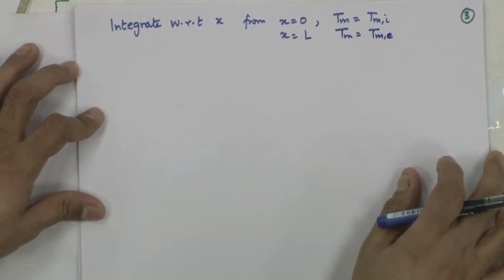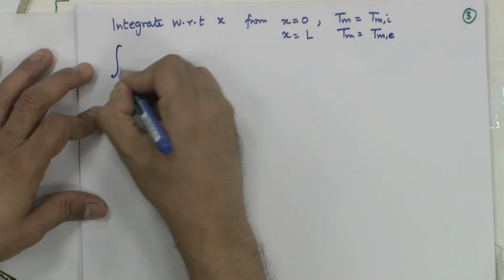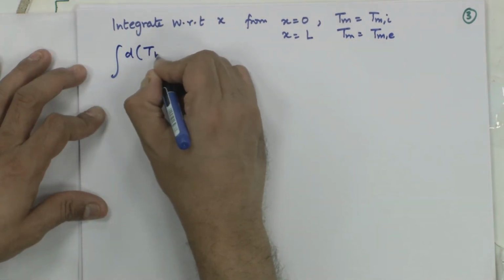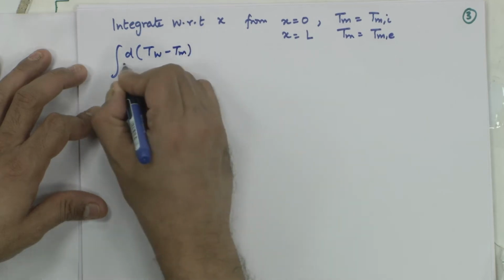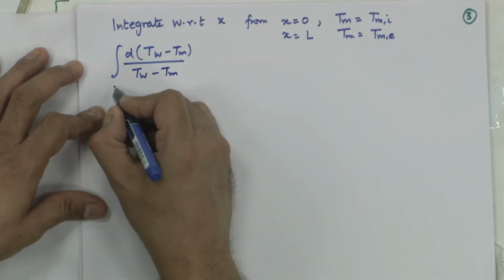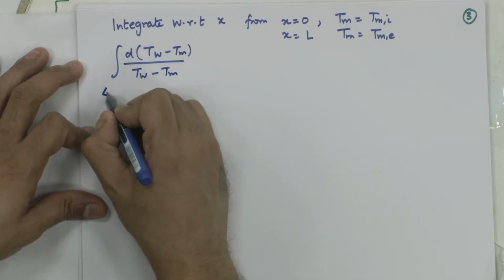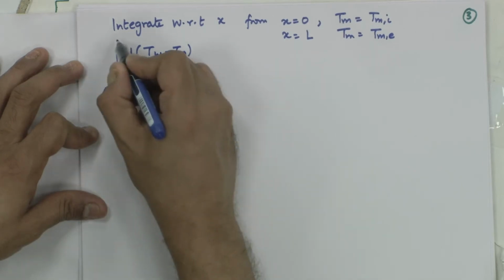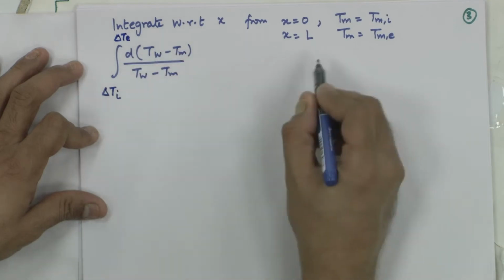So, if I do the integration, I would get d of (T wall minus T) divided by (T wall minus T bulk mean) integrated from delta T inlet to delta T exit, correct.